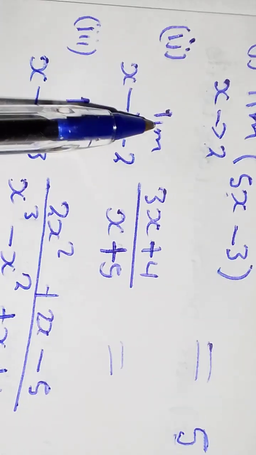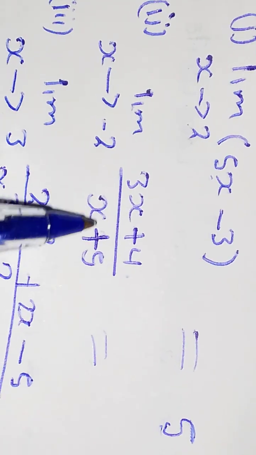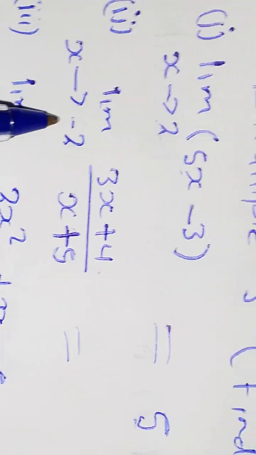This one is the limit of (3x plus 4) over (x plus 5) as x approaches negative 2.